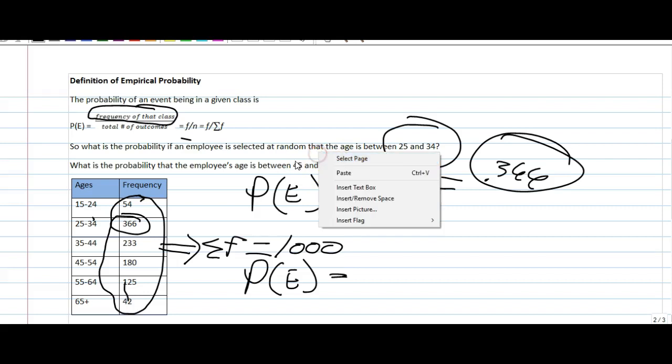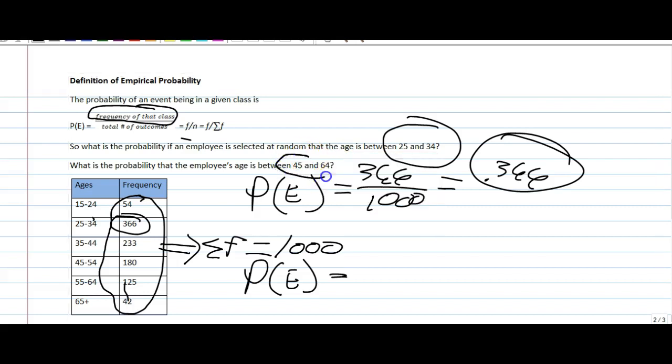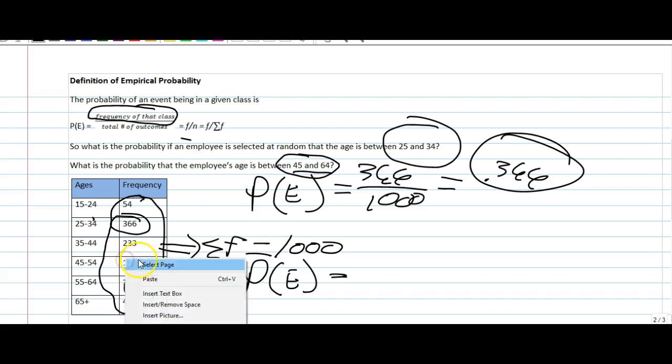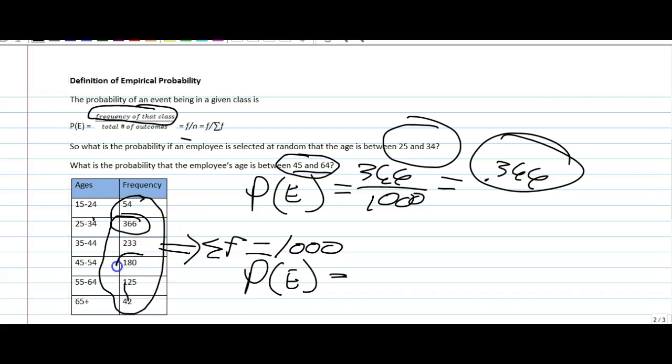We want to know the probability of the next event occurring, and that is the probability that if I select an employee at random, their age will be between 45 and 64. So I have 100 employees that fall in the 45 to 54 category, and I have 125 employees that fall in the 55 to 64 category.